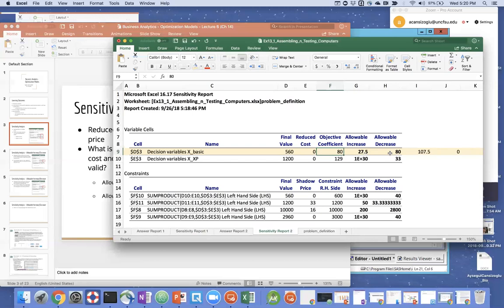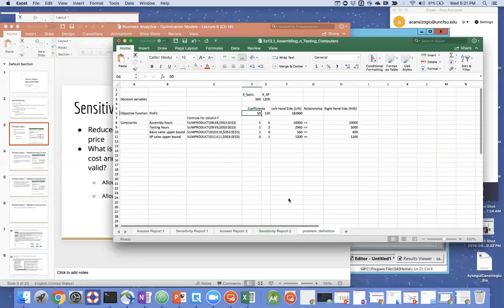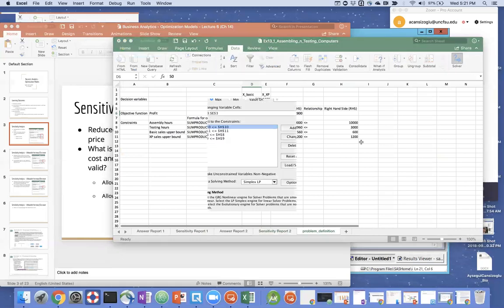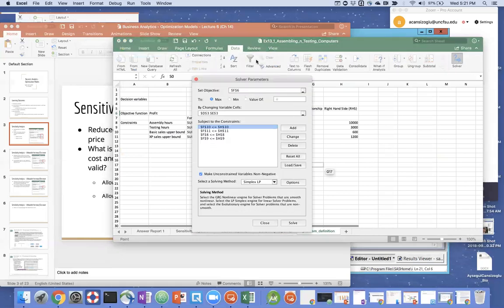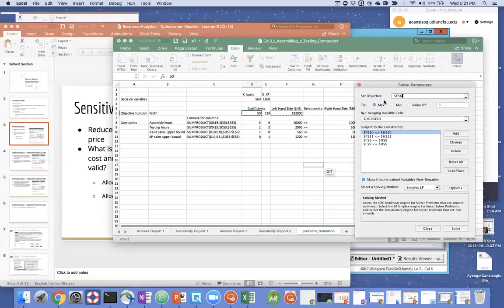This is how you interpret this. So 50 is within this range, which is decreasing by 30, because the original was 80. Let's solve this problem again and see whether what the sensitivity report says is correct. Okay, this is the objective function.